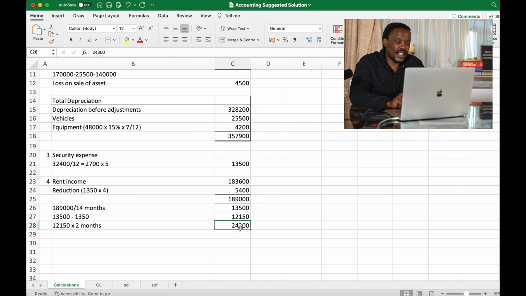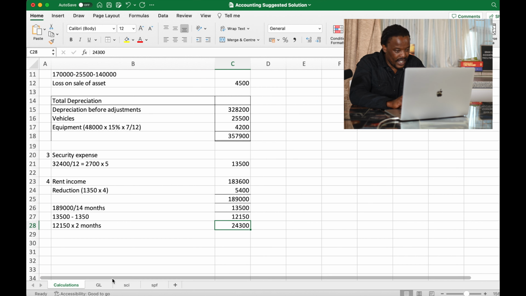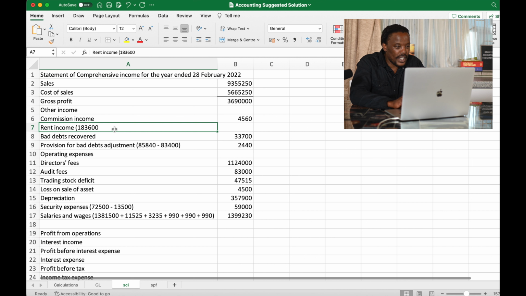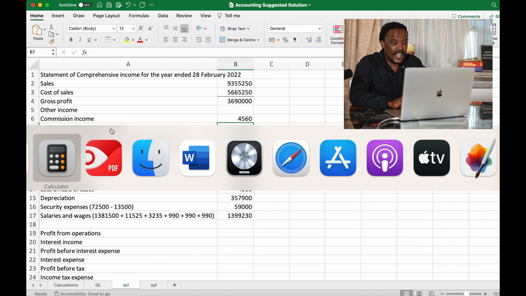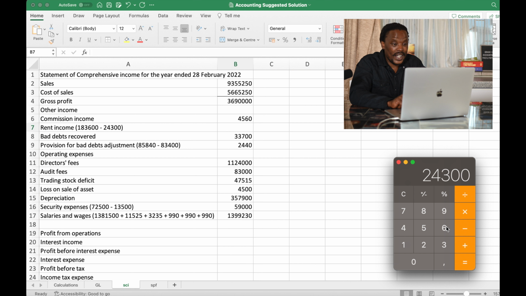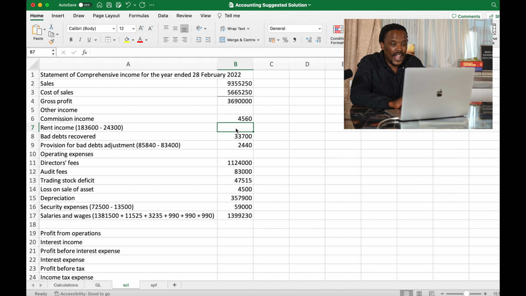Now, 24,300 is the income received in advance, which you go to your financial statements and say minus 24,300, which is income received in advance. And you don't add there because you want this maximum. 183,600 minus 24,300, which equals 159,300.